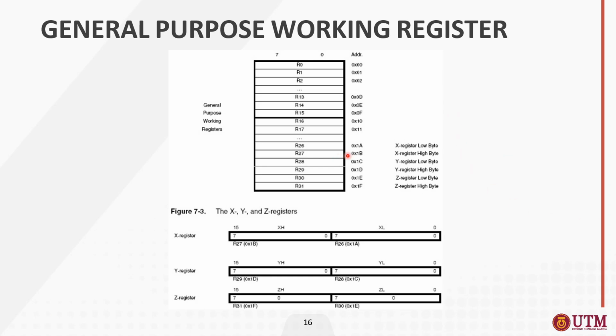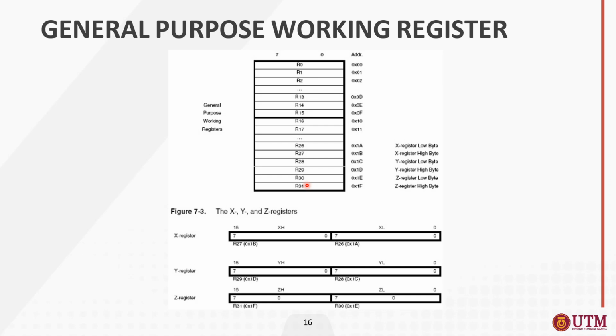As you can see, these are the names of the registers from R0 until R15, which are general purpose registers. From R16 until R31, we call them the higher registers, which are usually used more frequently in arithmetic and logical operations.